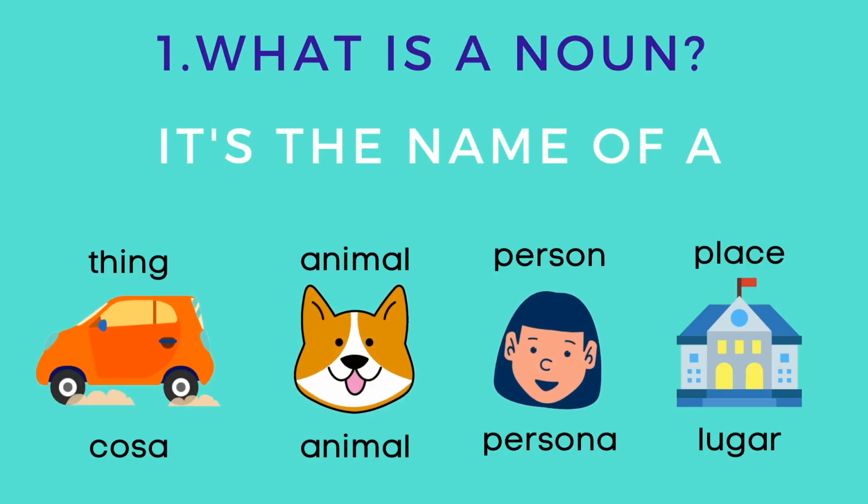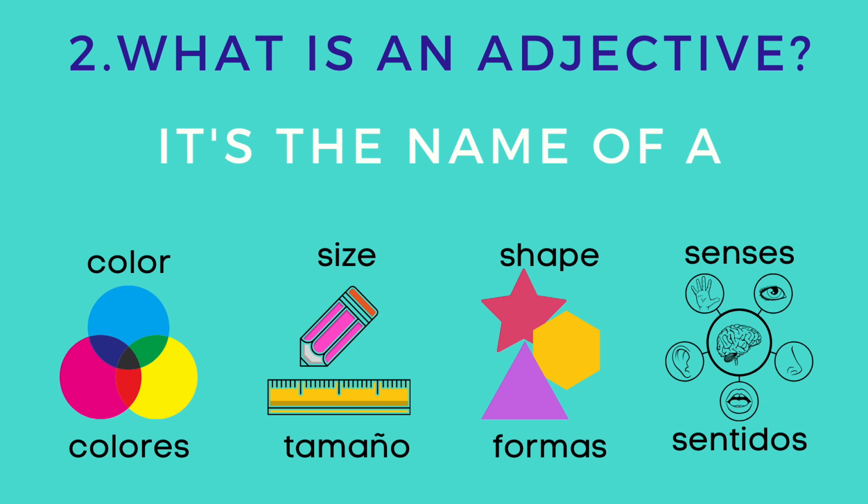Now, número dos, number two. What is an adjective? We already learned what a noun is. An adjective is the name of colors. Color, colores, colors. Like pink, blue, yellow. All the name of colors, those are adjectives. Size, tamaño. How large, how small something is, this is size, tamaño.